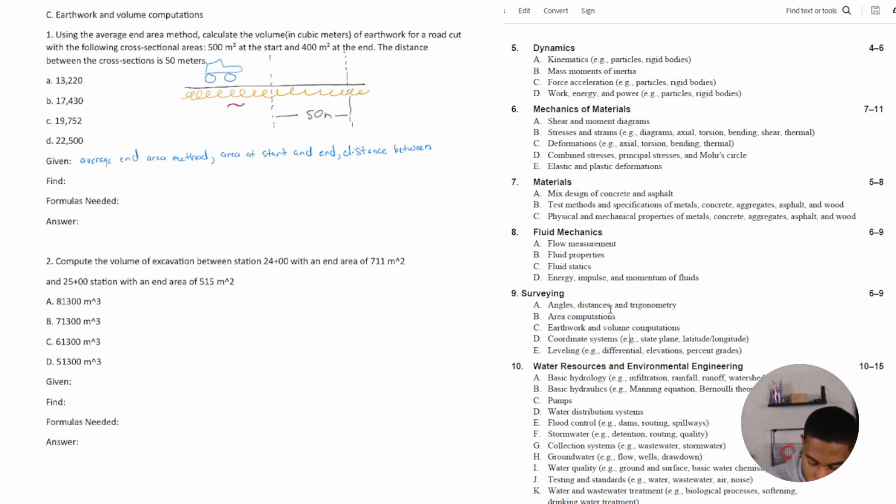And so along that, you're going to see the cross-sectional area at the start, and that's going to be the 500 meters squared, right here. And then the second at the end is going to be 400 meters squared.